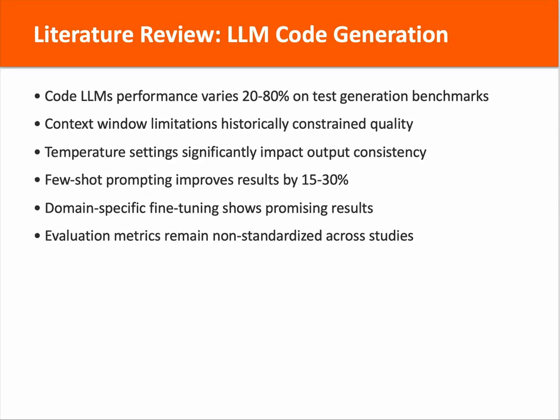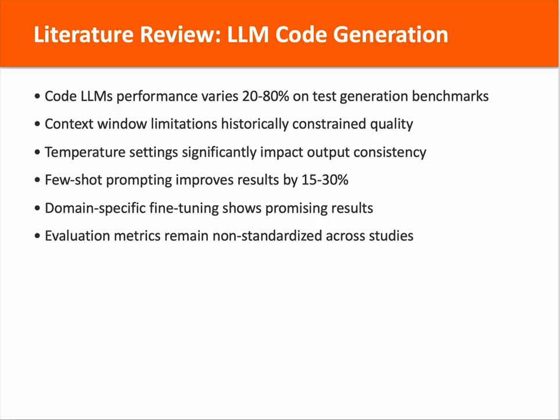Let's look at what the recent research tells us. Performance on test generation benchmarks varies from 20% to 80%. That's a huge range. The temperature setting, which is the randomness parameter, significantly impacts consistency. Then we have few shot prompting where you provide examples.